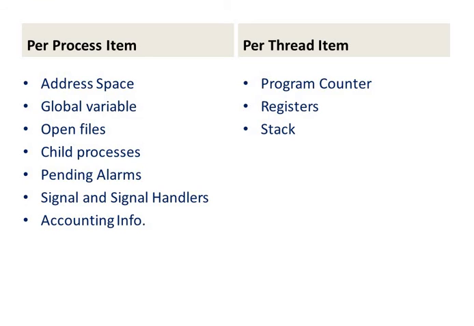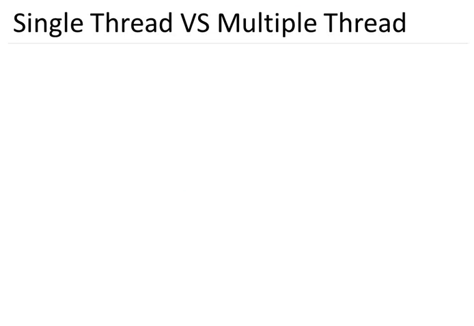So if I create 3 threads, does it mean that all 3 threads have a separate address space? No, the answer is no, and that is why a thread is known as a lightweight process. There is also state. A thread can be in any state, for example running, blocked or ready state.